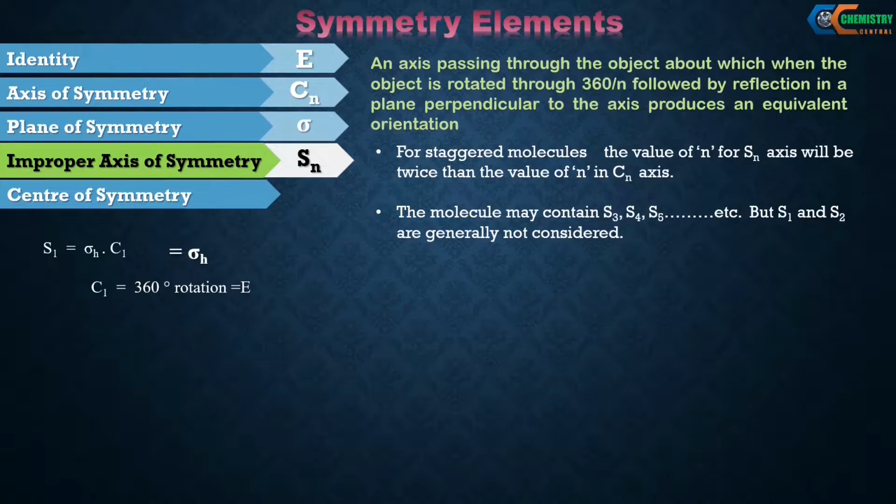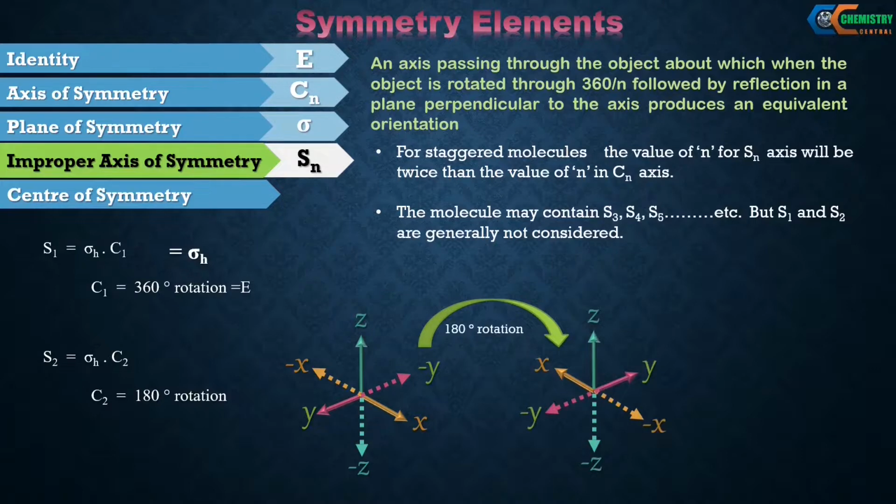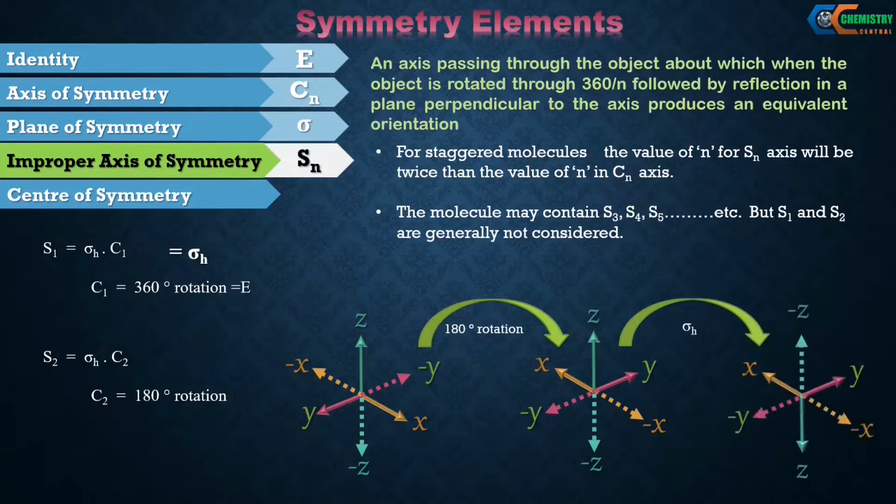Similarly, S2 axis will be equal to a C2 rotation followed by sigma h reflection. To find out the net effect of this operation, imagine x, y, z coordinates in their positive and negative direction. After a C2 rotation along z axis, x and y coordinates will be rotated by 180 degree and z coordinate will retain its direction, which also changes after the reflection through a perpendicular plane as shown here.